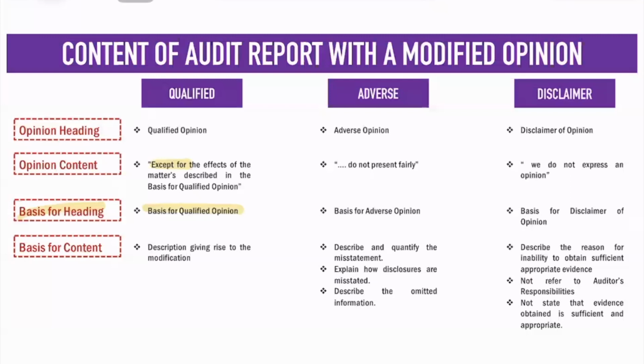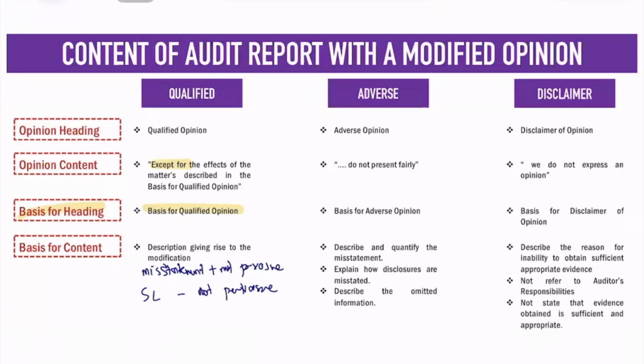Normally, there is a misstatement here, but it is not pervasive. Misstatement, not pervasive, then we consider it qualified. Furthermore, if there is a scope limitation and it is also not pervasive, then we can have qualified.